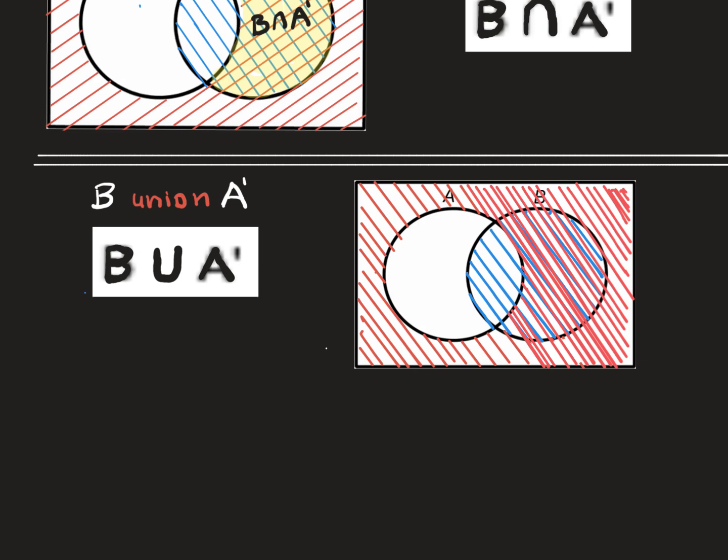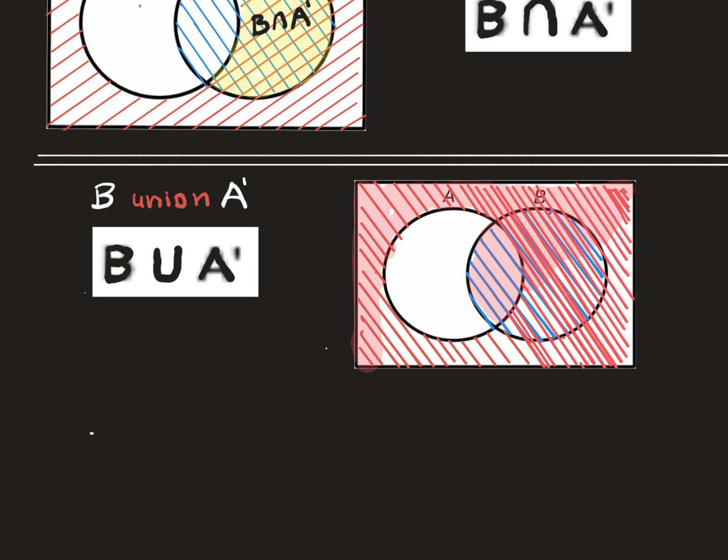And so you can see that in this case, B union A complement will mean everything that is drawn or shaded, which means these parts over here, and the blue parts here, and this part as well, because it is everything.